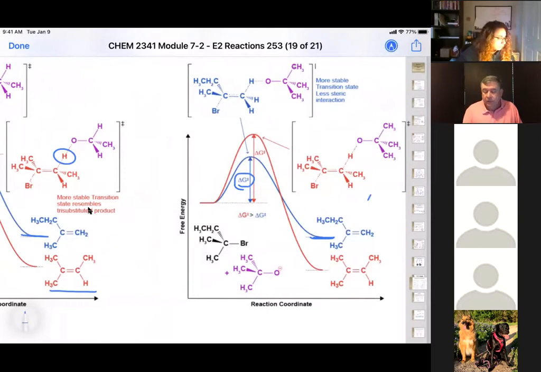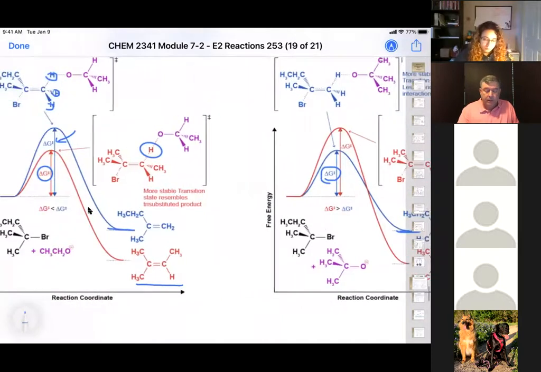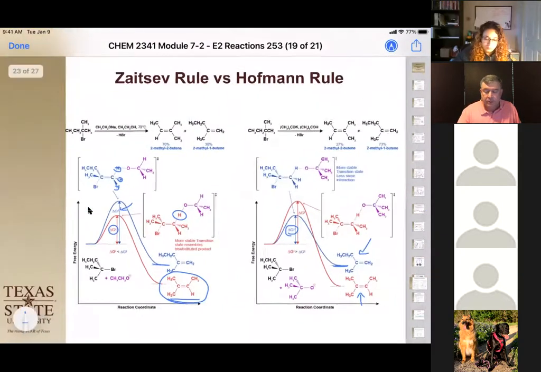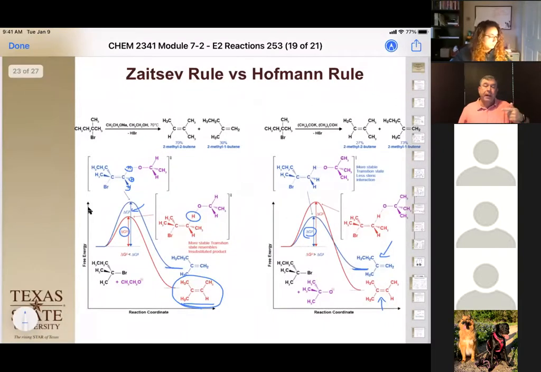Therefore, we end up with the kinetic product as our major product and our thermodynamic product as our minor product. Notice in this one right here, this is both our thermodynamic and our kinetic product. Okay. So Zaitsev is thermodynamic and kinetic. Hofmann is all about being kinetic. All right, questions on that?